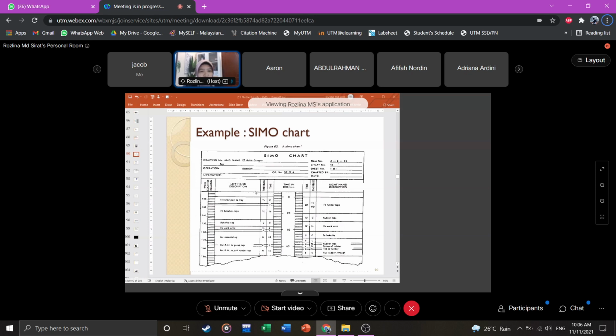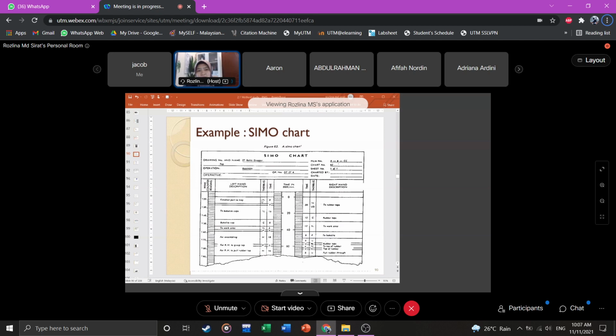In the SIMO chart we have the wink counter reading and the time in 2000 per minute. We just expose it, not to use it. Then they have the description of left hand and right hand. What is the difference between the two-hand chart and the SIMO chart?